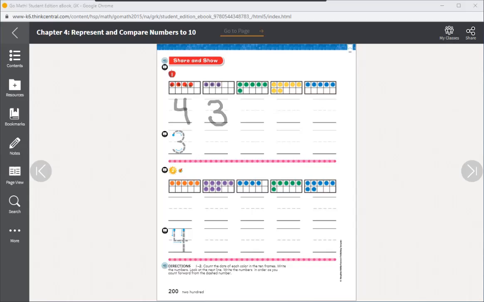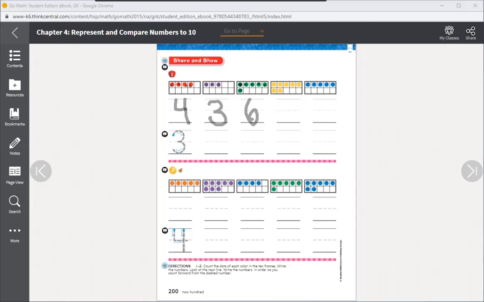All right, let's count the green ones. Ready, Petra? Go ahead. 1, 2, 3, 4, 5, 6. How many do we have? 6. Beautiful. Yes. Now I'm going to count the yellow ones in the 10 frame. Ready?